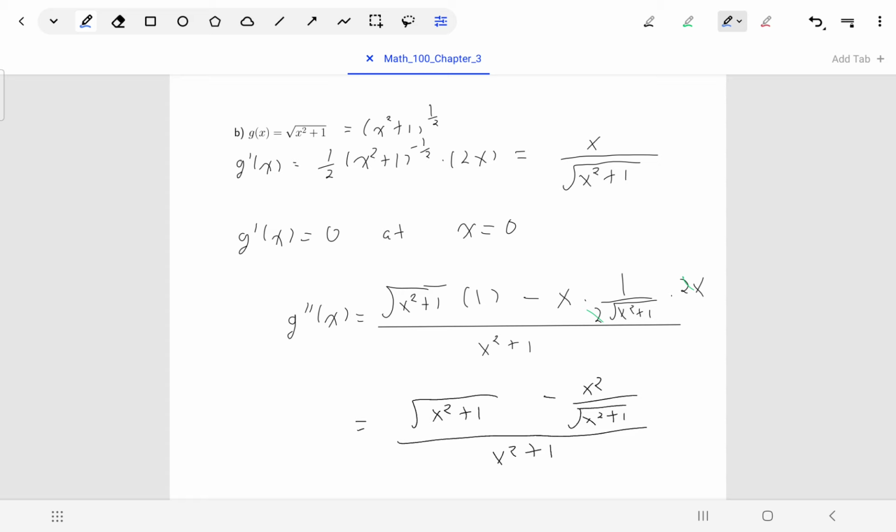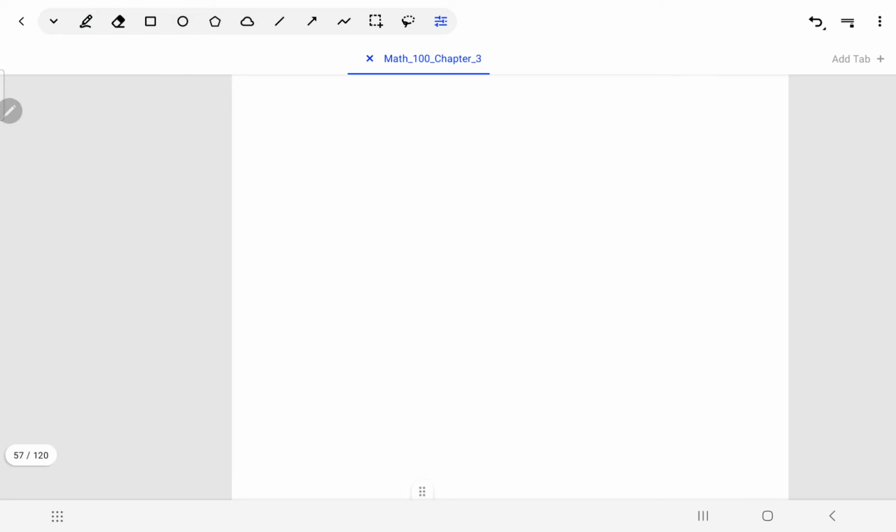So I have everything I need to use the second derivative test. I have my function. It's nice and continuous. It's continuous at my critical number. I have only one critical number, that's x equals 0. That's only one place where we have our first derivative equal to 0. And I have a second derivative, and now I'm going to evaluate and find out what is the value of g double prime at 0.